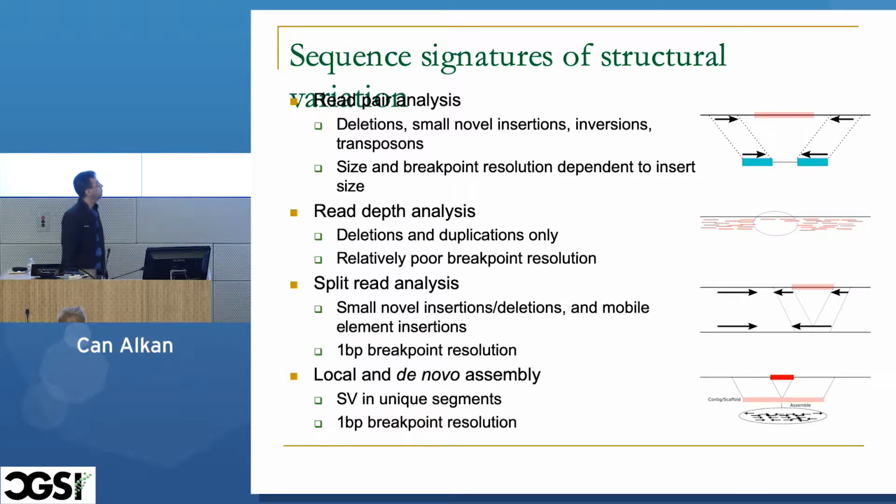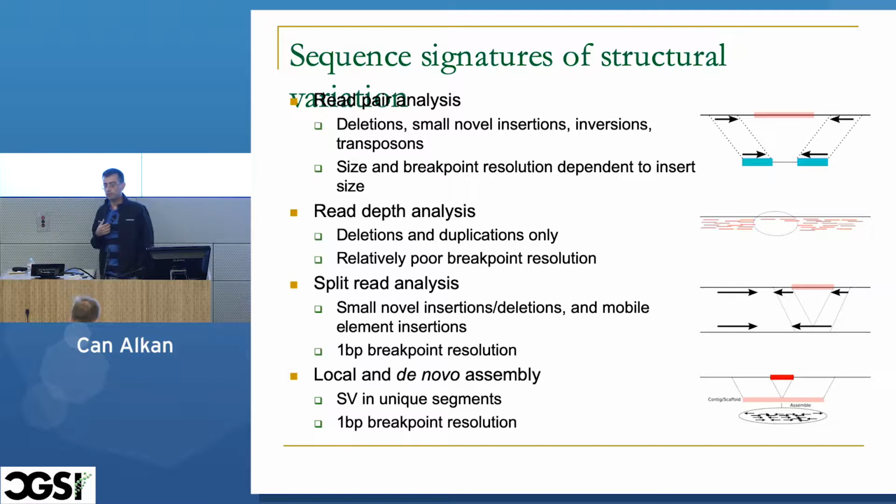So those blue bars on the top right are coming from the same molecule, which is around 500 base pairs for Illumina, and the reads are about 100, 150. So we know that the average size of that blue molecule is about 500, but when we align those reads to the reference genome, if we see them separated by about 5 kb, 10 kb, that's going to signal us that there is potentially a deletion here.